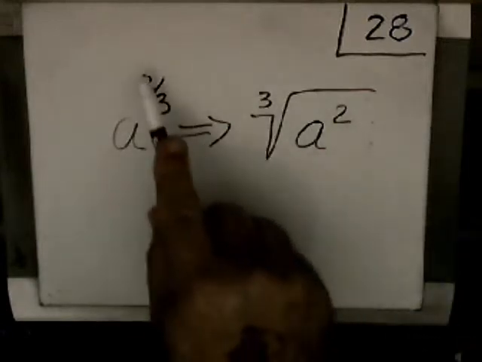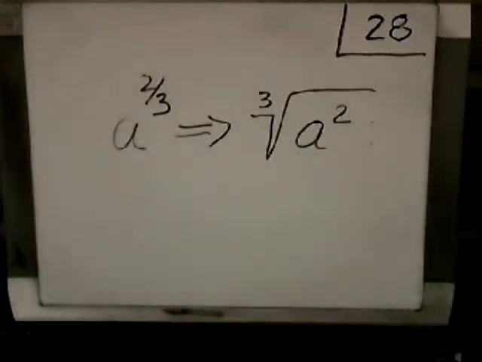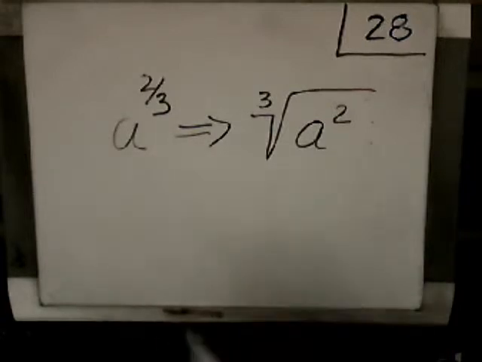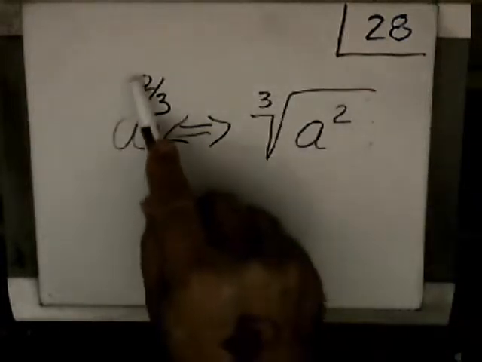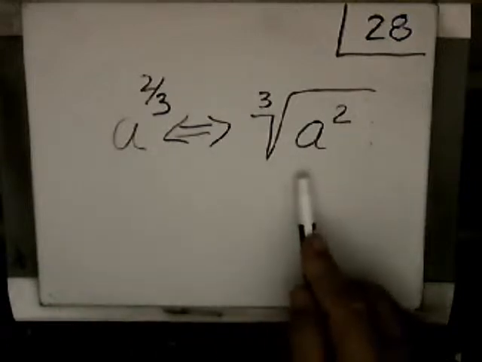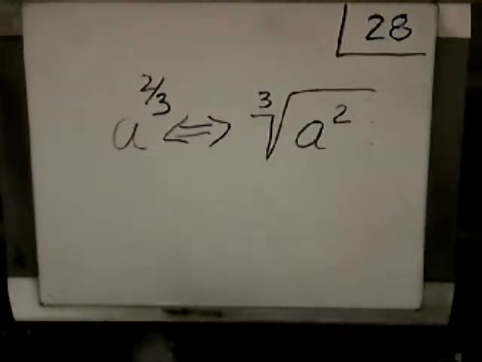So the exponent form and the radical form have now solved themselves, so I can go either way. Notice the a remained the same, sort of like a duck is a duck no matter which pond it sits in.